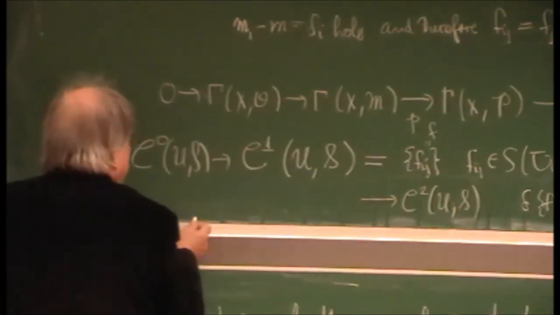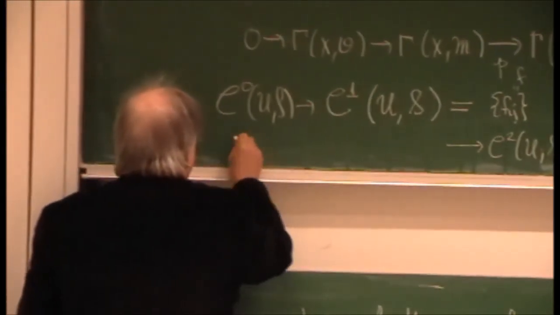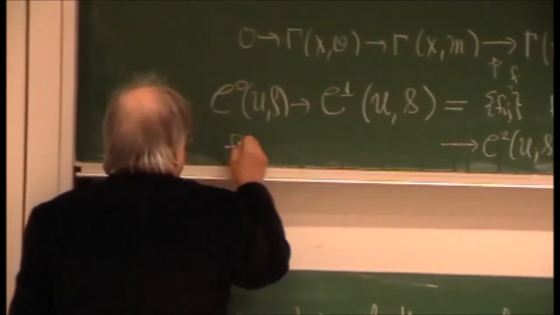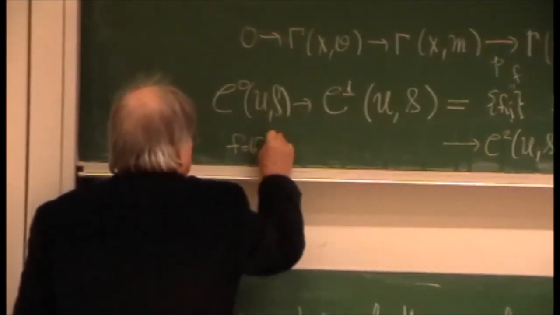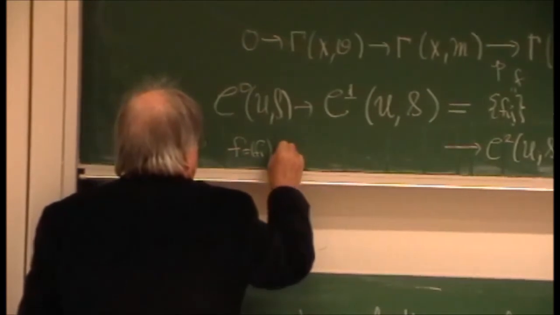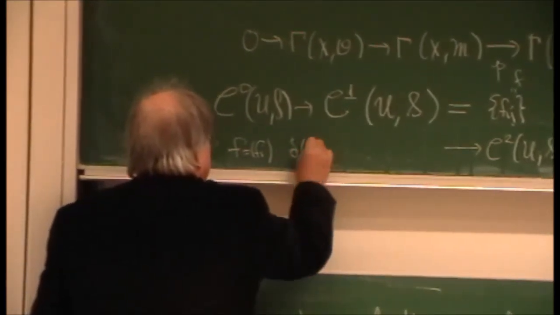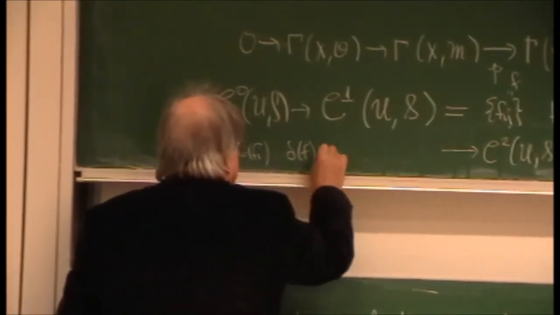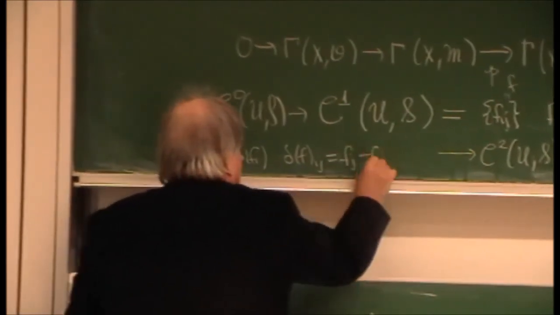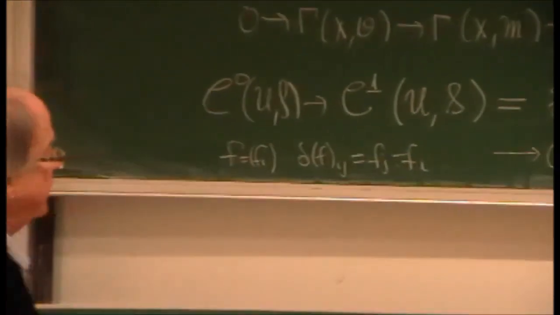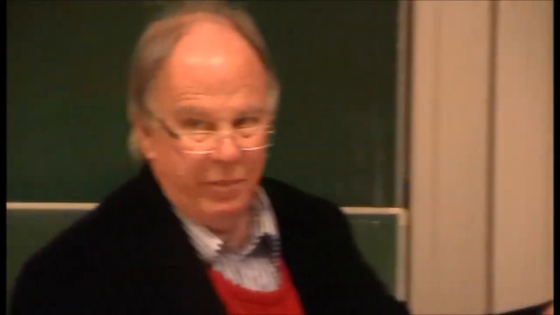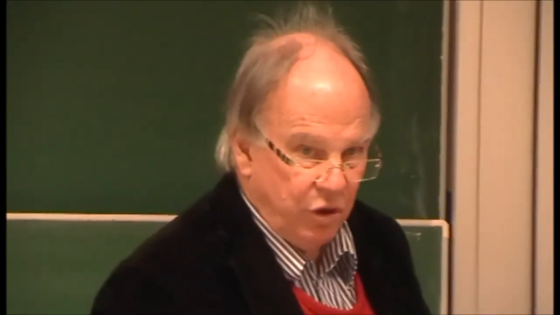So this is a zero cycle, so this thing here, F, will consist of just things on the individual sets, and the boundary of this thing at Ij is Fj minus Fi. It's a very, very fast introduction, I apologize, but it's a good beginning.